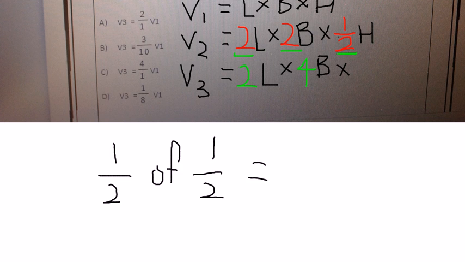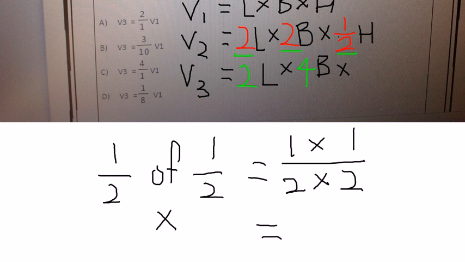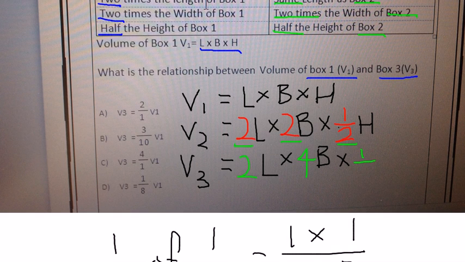We all know that of also means times. This will give us 1 times 1 over 2 times 2, which is 1 over 4. Okay, so that will give us 1 over 4H.